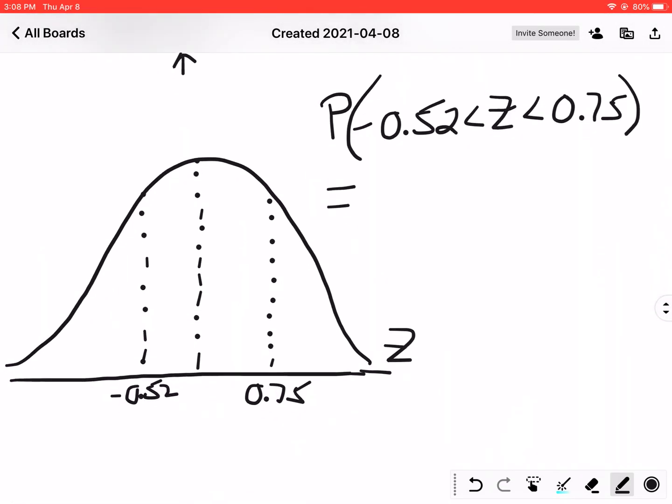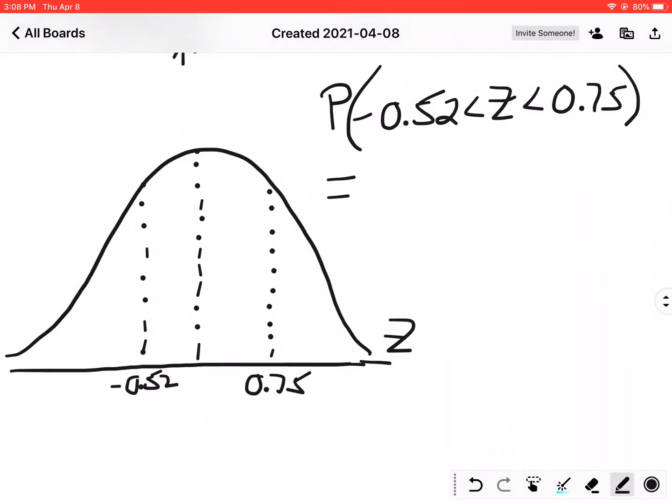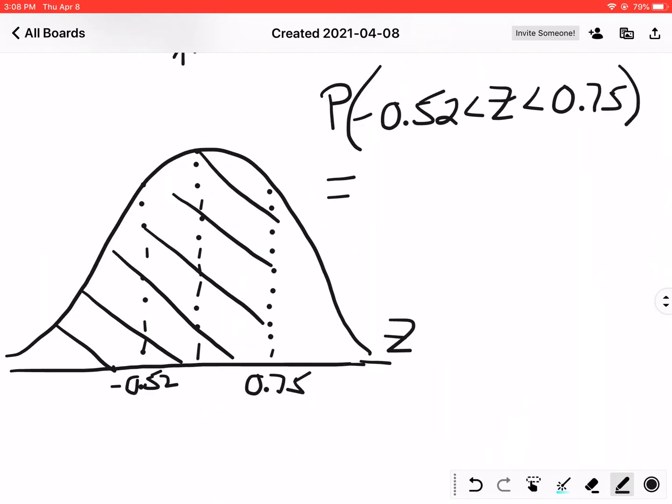And we've touched on this a little bit before at the very top. If I want the area or the probability of Z being between negative 0.52 and Z equals 0.75, what's happening here is I'm going to take the total area to the left of 0.75, and I'm going to go like this. That's the area to the left of 0.75. And we already know that is this.